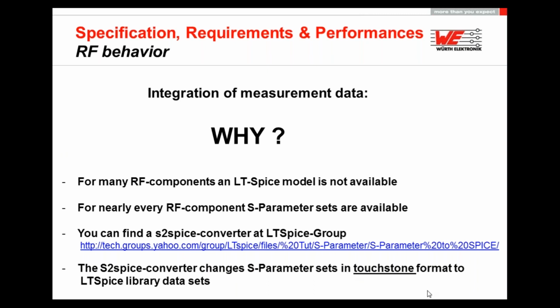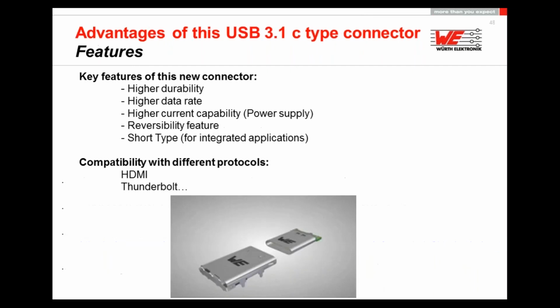When we keep these main parameters, mechanical, electrical, and also the RF behavior in mind, we see that this is a connector we can really use in nearly every application, even in rough environmental applications. This is a connector designed for the industrial market, not for the consumer market where it's well known at the moment.